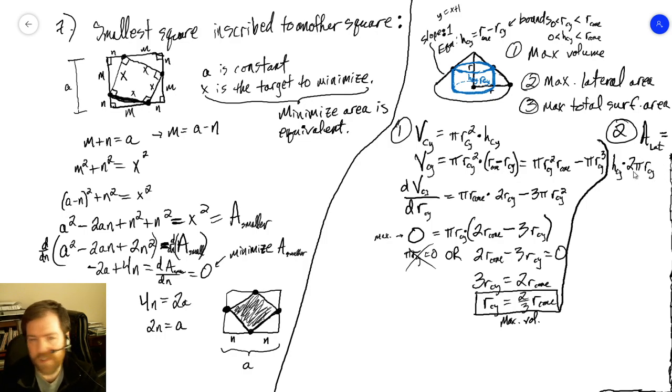And again, we only want one variable. So the height of the cylinder is going to be equal to r cone minus r cylinder, times 2 pi radius of the cylinder. So multiply that in. It's going to be 2 pi r cone r cylinder minus 2 pi r cylinder squared.